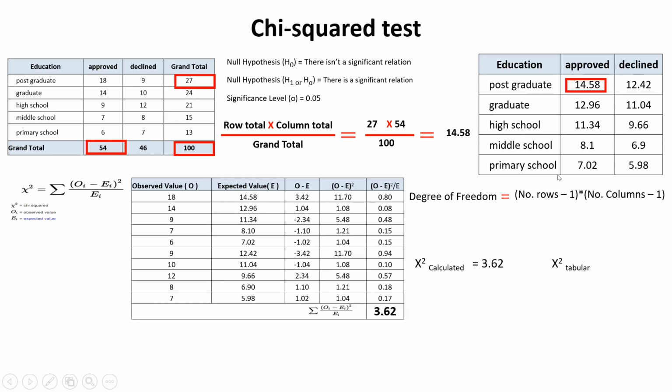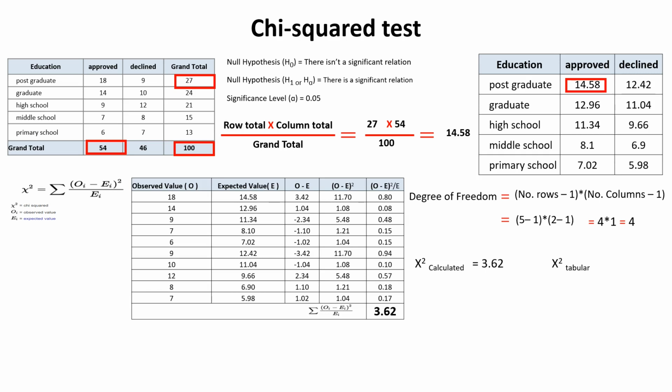You see how many rows we have: 5 minus 1, which will be 4. The number of columns we have is these two, approved and declined. You don't need to consider this education. Number of columns minus 1, then we are left with 1. So the number we get is 4. Degree of freedom that we have is 4.